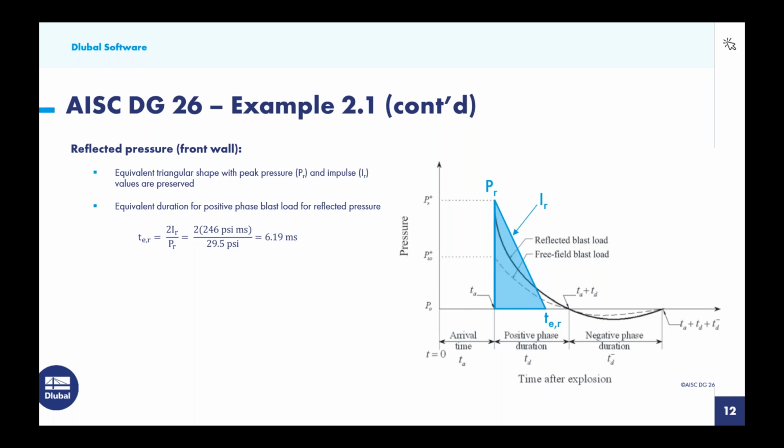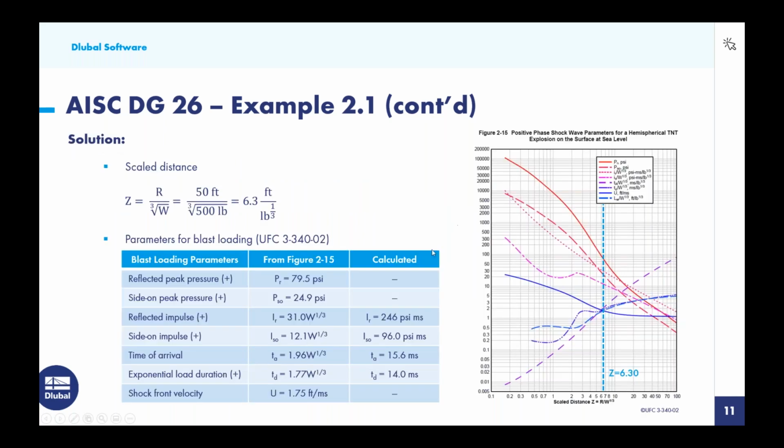All right, so let's talk about the reflected pressure. This would be applied to the front wall. And we are going to take the Design Guide 26 approach with the equivalent triangular shape here. We want to utilize the peak pressure, P sub r, and the impulse, I sub r, and we want to preserve these values. We can see these given to us over on the right-hand side here, but remember, on the previous slide, we got this information, P sub r and I sub r, directly from this figure.